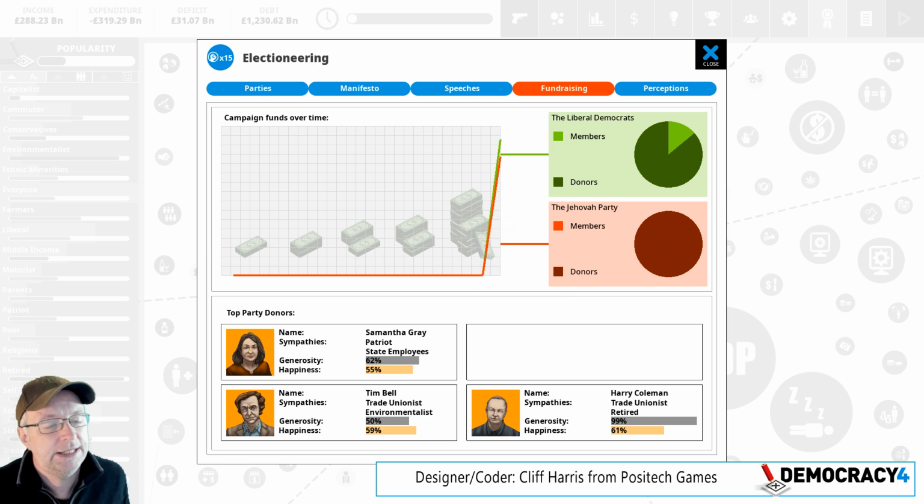What I've changed is I've made it so that every individual in the game, every voter, has a level of activism, which is their tendency to want to engage in politics. Depending on what that is, that threshold will move. If you're a real activist type, you'll join a party when you're less happy with them.